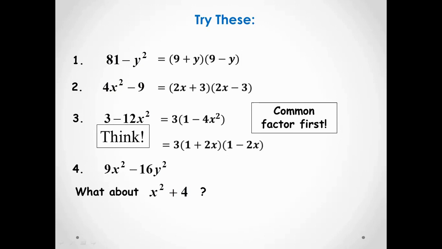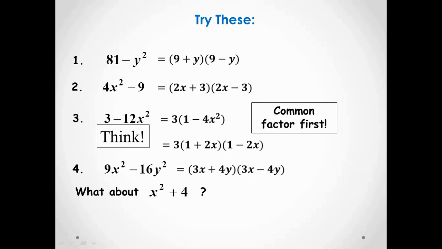Next one, we'll square 3x, and that will give us 9x squared, and for 16y squared, the square root of that will be 4y, and as such we'll have 3x plus 4y, 3x minus 4y. Now, I hope this last one didn't catch you, because it said x squared plus 4.